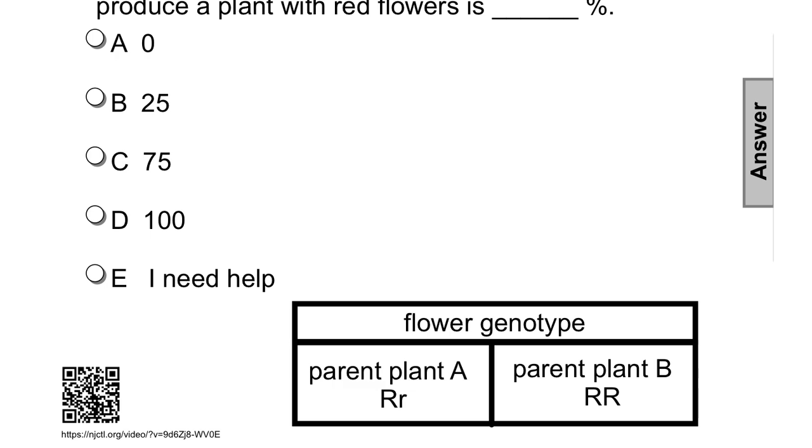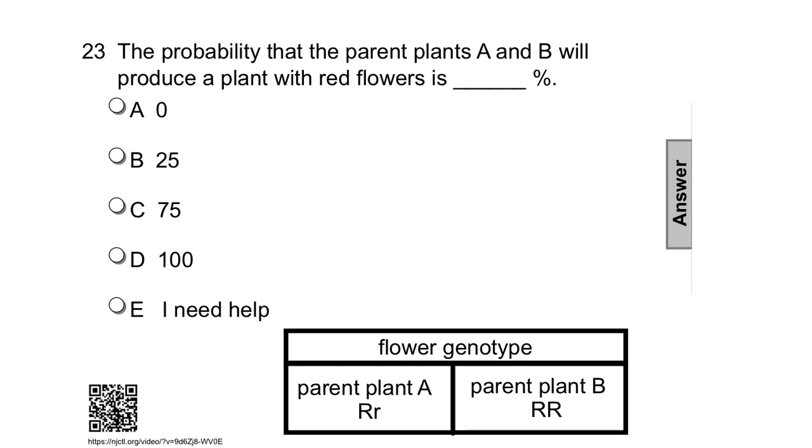The probability that the parent plants A and B will produce red flowers, I just showed you, 100%. The only way you could produce a white flower is if both parents had a little r.